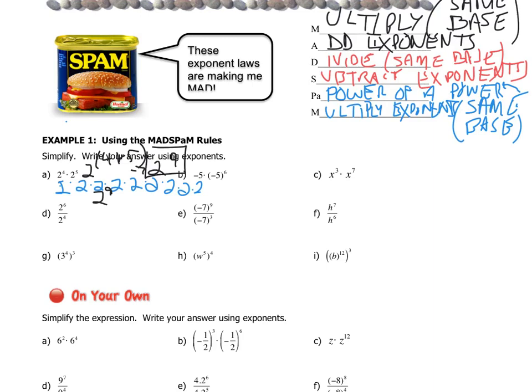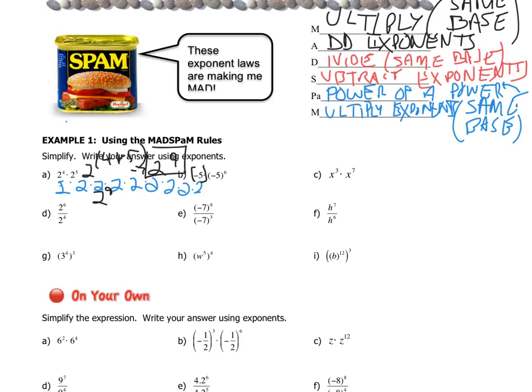Looking at the next one, we have negative 5 times negative 5 to the 6th. Now remember, we talked about these parentheses. The negative 5 is only the base right now on the second one. So remember, with negative 5 being the base, you have to have parentheses. So I can change negative 5 to just add parentheses because it's not going to change anything in this case. And there's only one negative 5 there.